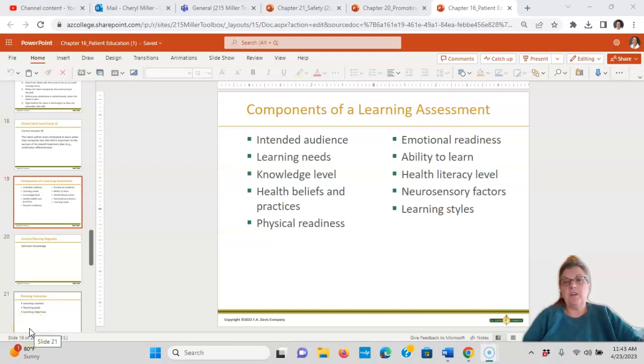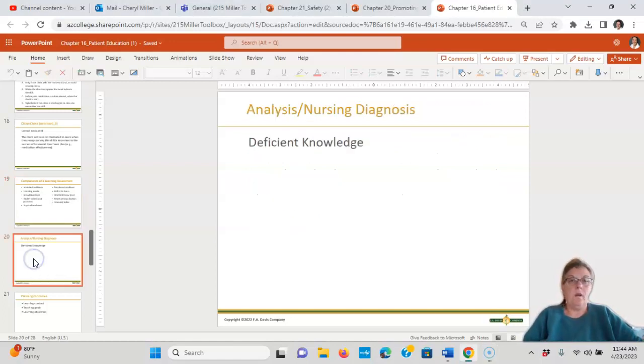Neurosensory factors, are they neurologically able? So stroke, things like that. And then knowing their learning style. So we use VARC a lot in education: visual, auditory, reading, kinesthetic. So which kind of learner are they? How do they like to learn? And then our whole goal is that most of our nursing diagnoses are going to be up around deficient knowledge, that they don't know.